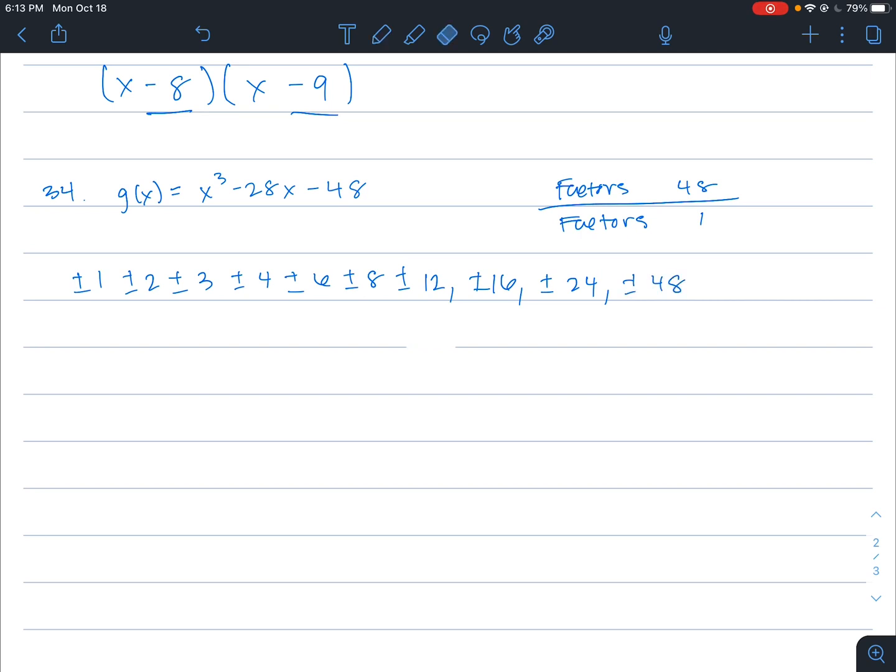Those are all the factors of that, and then divided by all the factors of 1. So that'd be 1 and -1. So here is a list of possibilities.